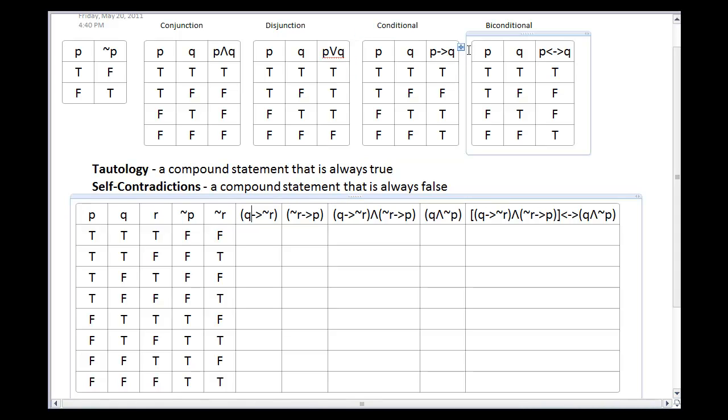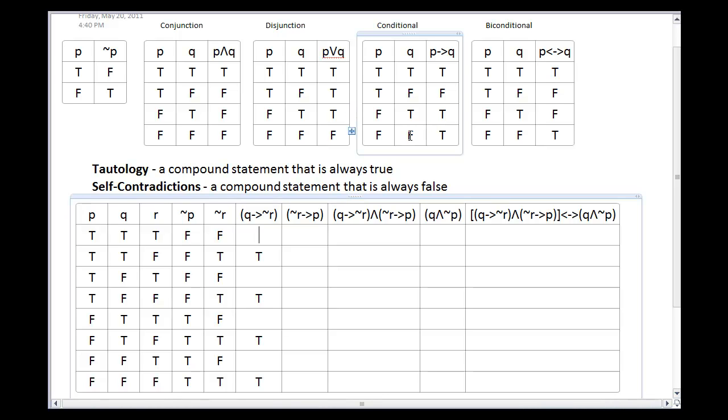In general, if the right side is true, I know right away that my statement is true. So every place where not R is true, I know this is going to be true. So I've got that out of the way. Now I have to look. If Q is true, this was true.